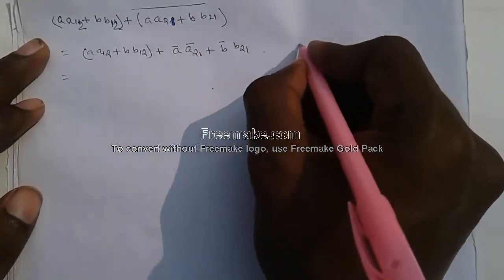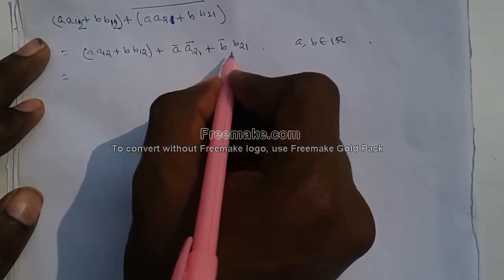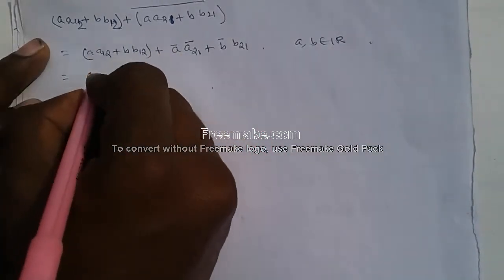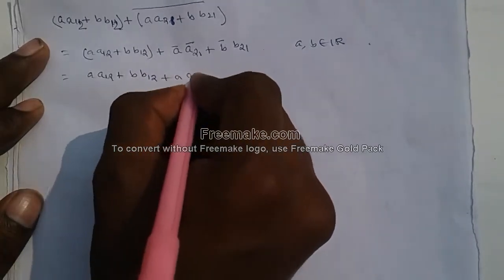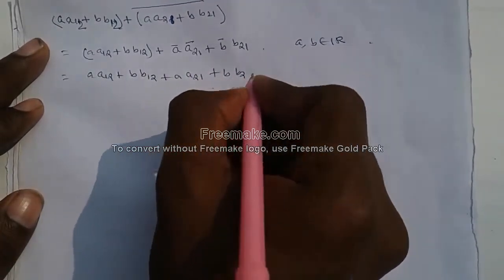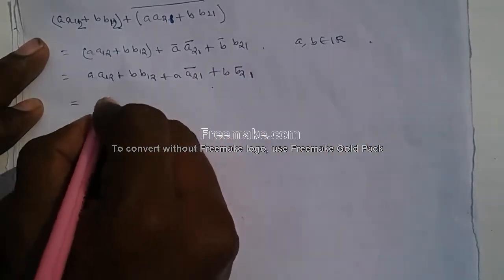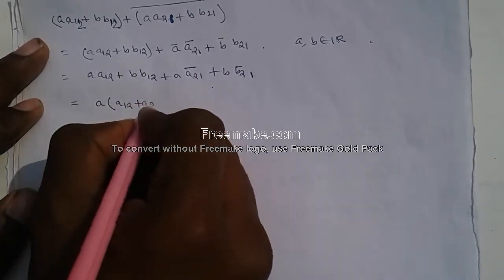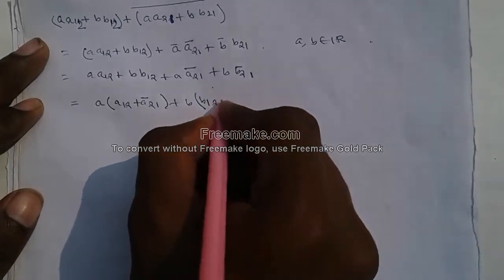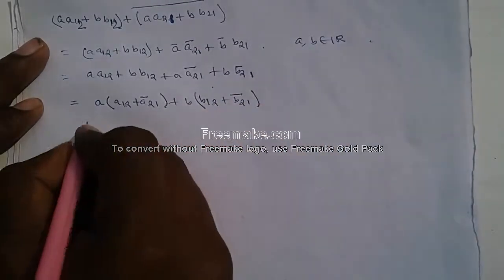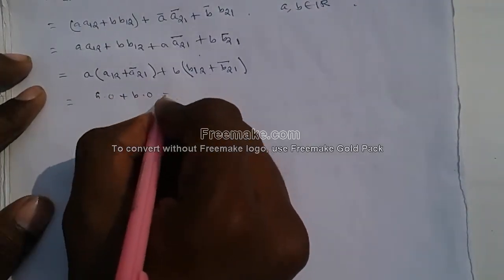Now if a and b are chosen from the real field, then a-bar and b-bar equal a and b. So this equals a(A12 + A21-bar) plus b(B12 + B21-bar).